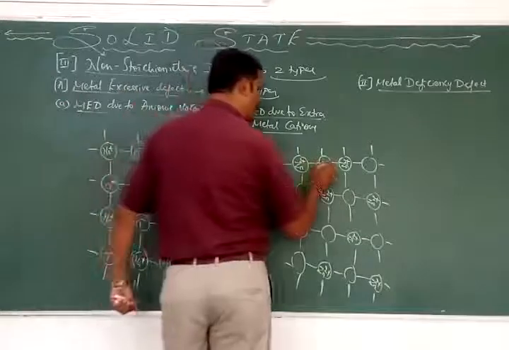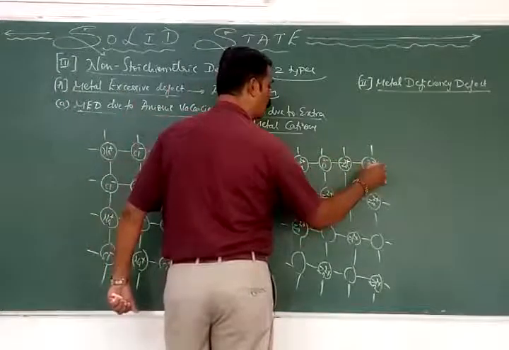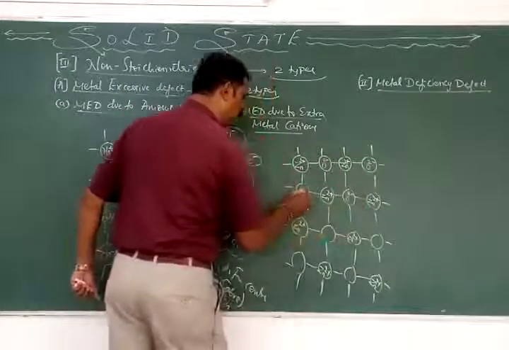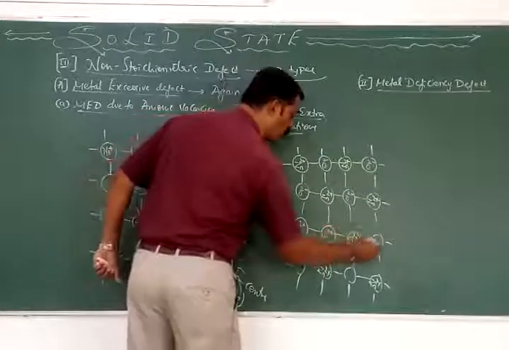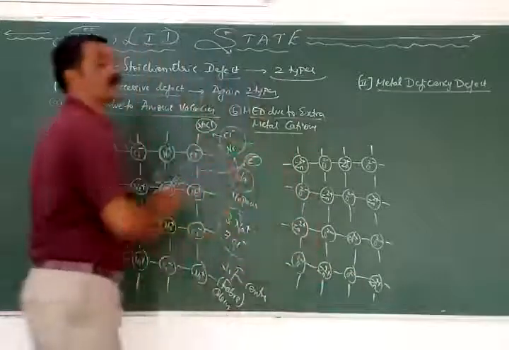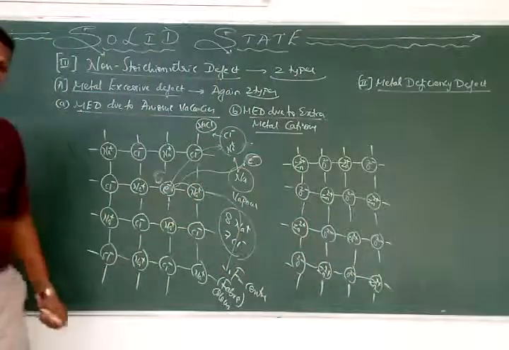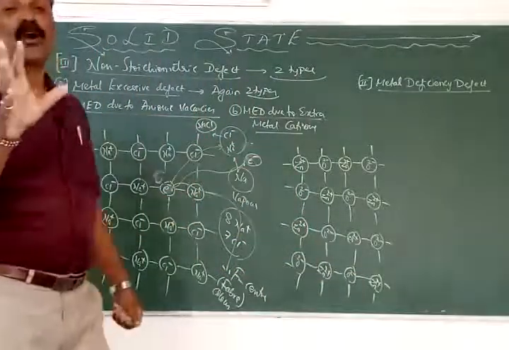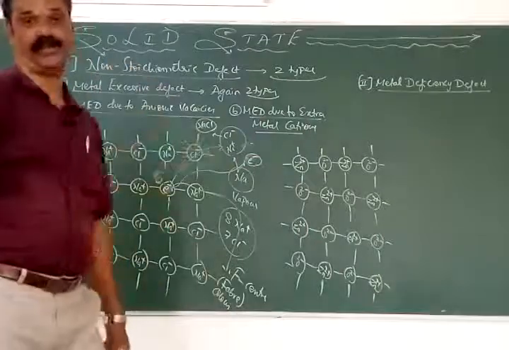Now we have the oxide ions, O2-, O2-, O2-, and so on. Now it is a pure ionic crystal of zinc oxide.